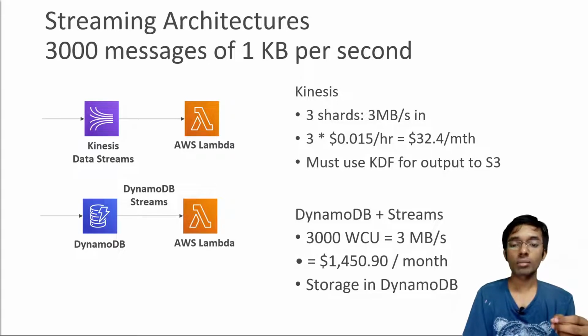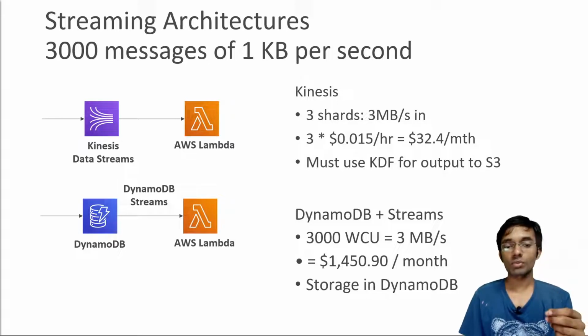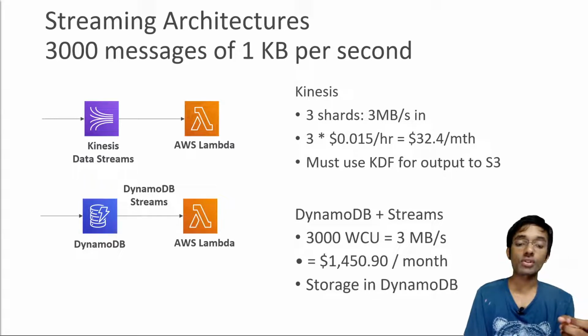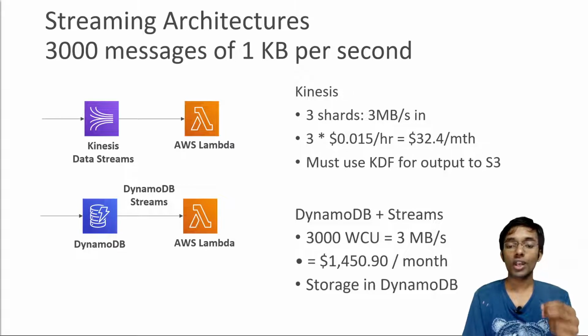Option number one is to use Kinesis Data Streams with a Lambda function, and option number two is using a DynamoDB table with DynamoDB Streams and a Lambda function. So ask yourself which is going to be the most efficient, which is going to be the most cost effective, and what trade-offs we are going to have between these two architectures, because they both work well.